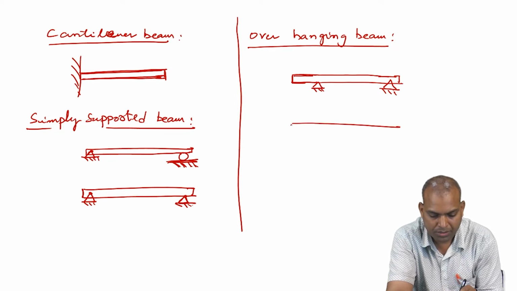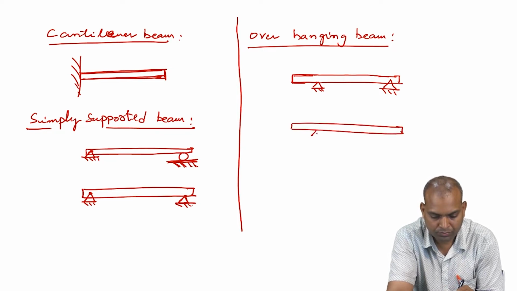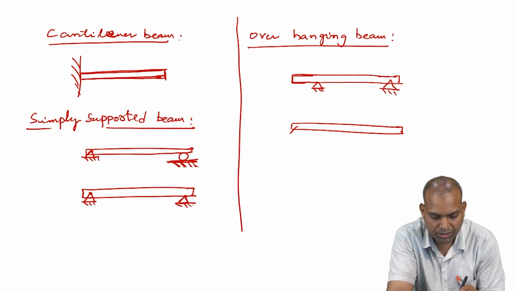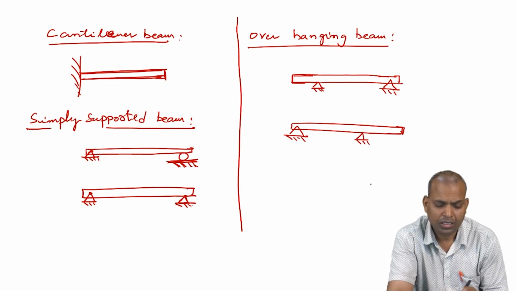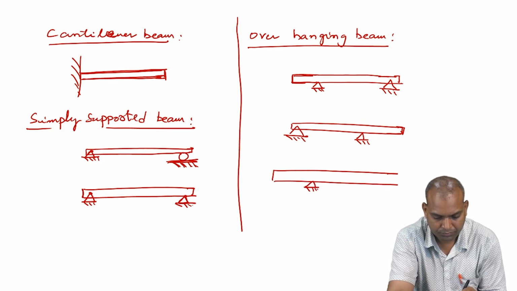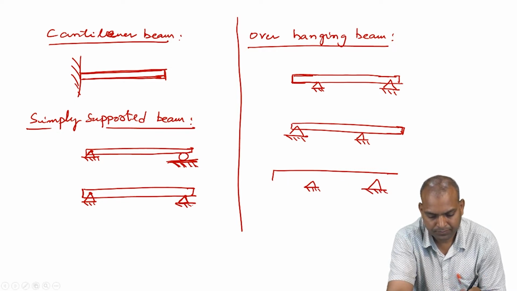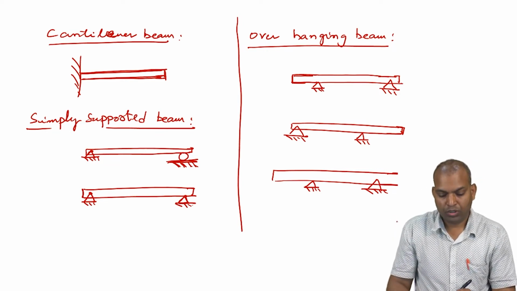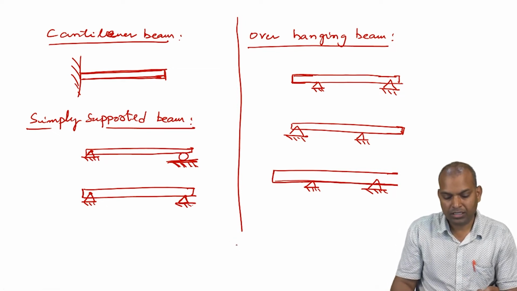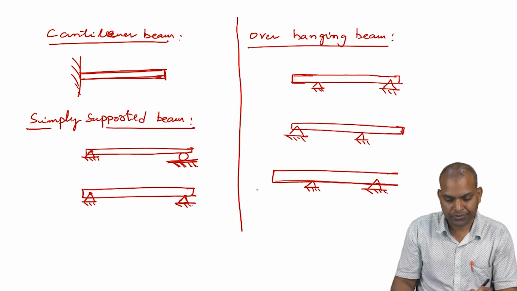The same extension can be to the right side also, with a hinged or knife edge support. Or both sides can be extended also. These are the examples of overhanging beams.